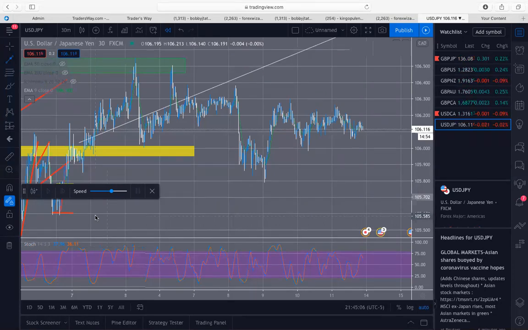So when you're using a Fibonacci, you want to measure the impulsive wave. So you want to go from the very bottom of the last impulsive wave to the top of that impulsive wave when you see the opposite market come in and start taking control, right?